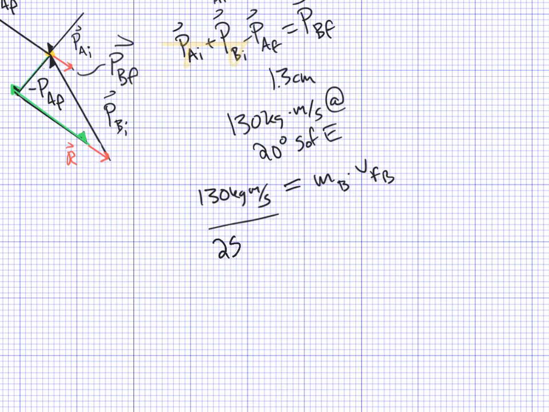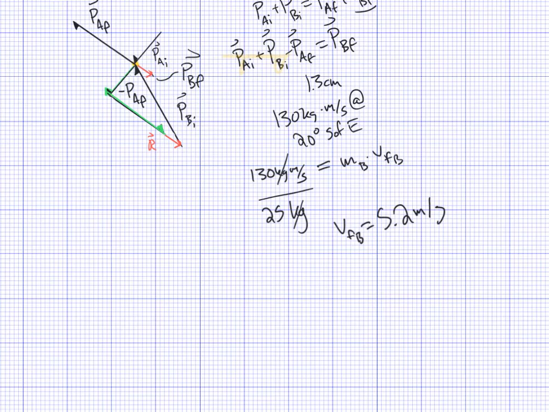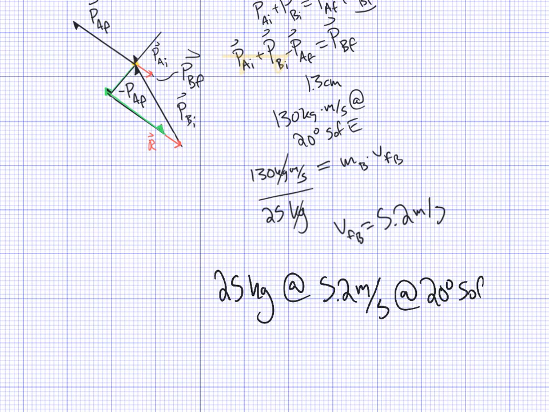The mass of B was 25 kilograms, so those units cancel out, and we'll get a final velocity of about 5 meters per second. Writing it all out properly, we'll say 25 kilograms at 5.2 meters per second at 20 degrees south of east. And that's our final answer.